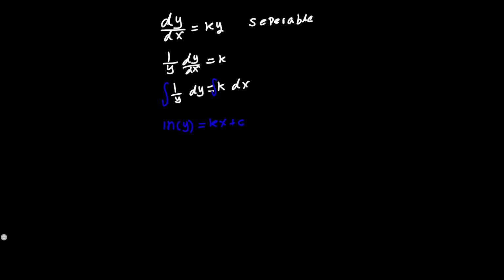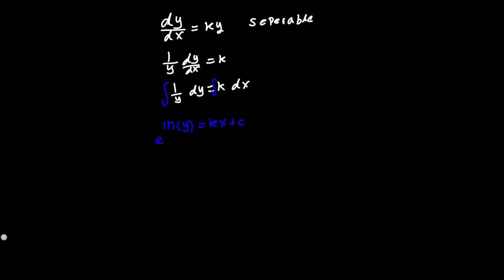And we're adding the constant because if we are given an initial condition, for example, let's say we have y of 0 is equal to something, then we would plug in x equals 0 and y is equal to whatever, and then solve for c. But here we have to solve for y now.